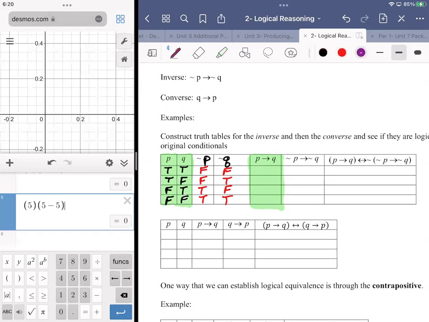The only instance in which a conditional sentence is false is if the premise is true and the conclusion is false. That's the instance where you broke your contract, right? You made an agreement and you didn't live up to it, right? So if I do all my homework, then I will pass the test, right?